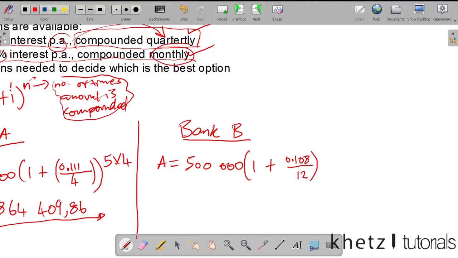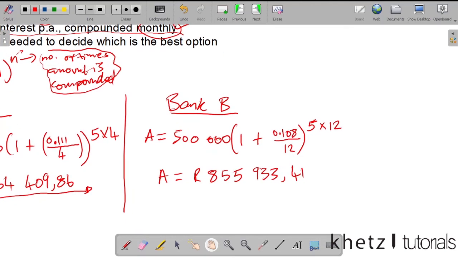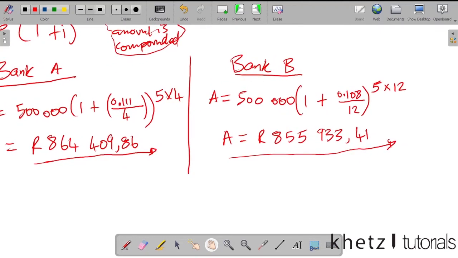In those 5 years, this will be compounded 12 times, so you multiply the number of years by the compounding period. The answer you get here is what bank B offers, and that amount should be 855,933.41 cents.